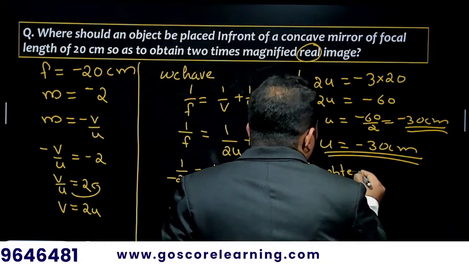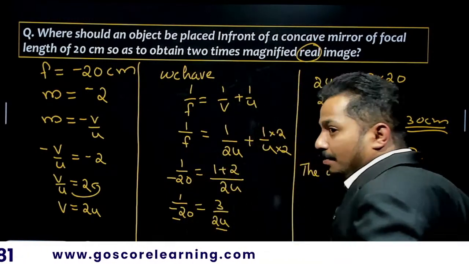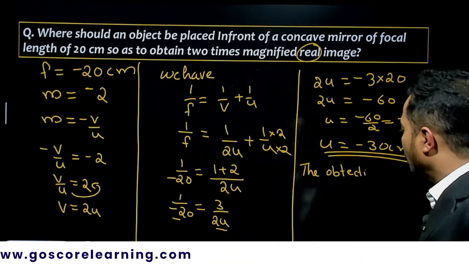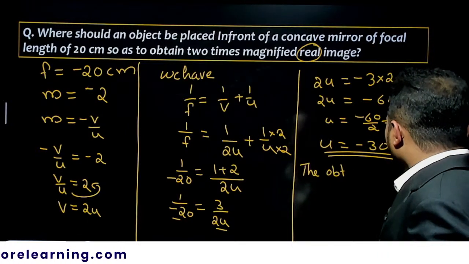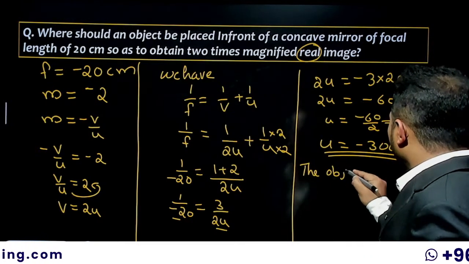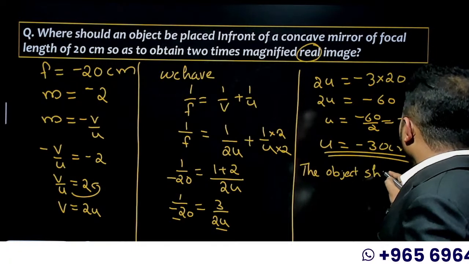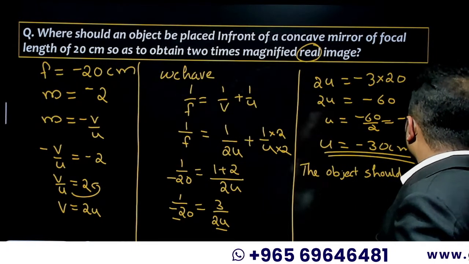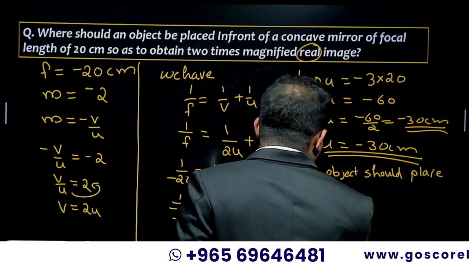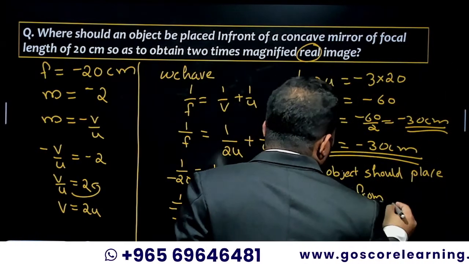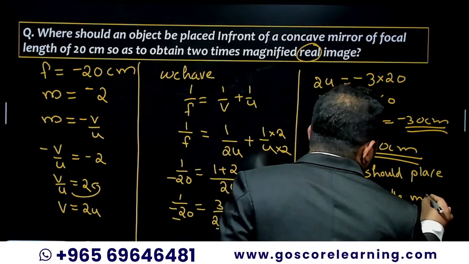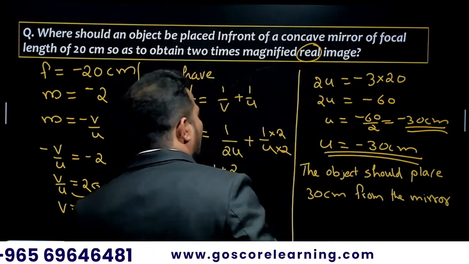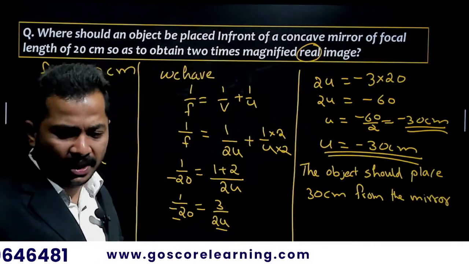This is where the students are lagging. You should write this: the object should be placed 30 centimeter from the mirror. Negative 30 is about the Cartesian sign convention.